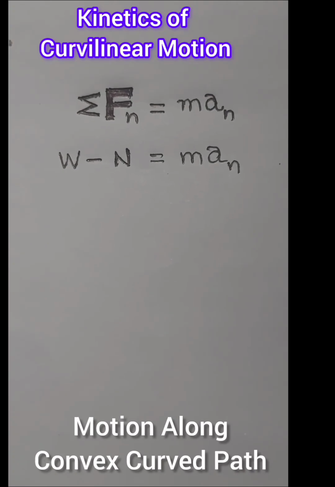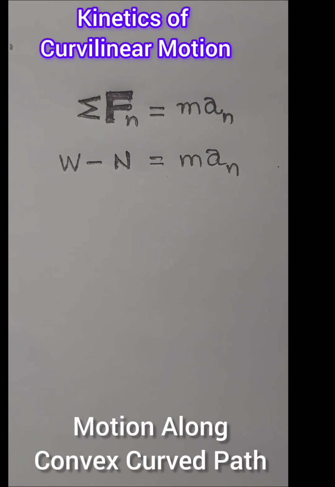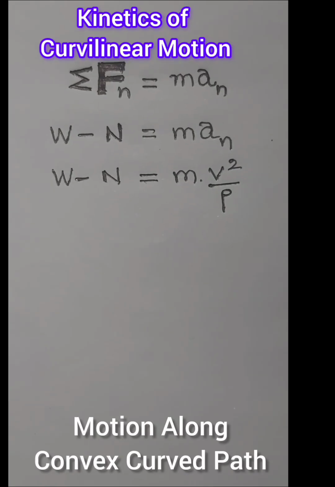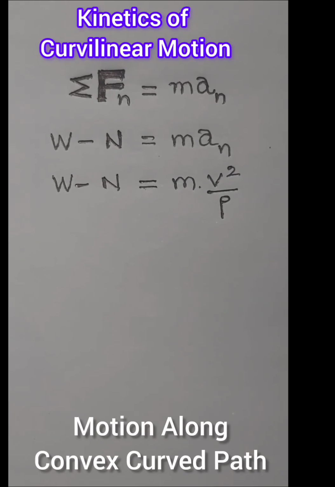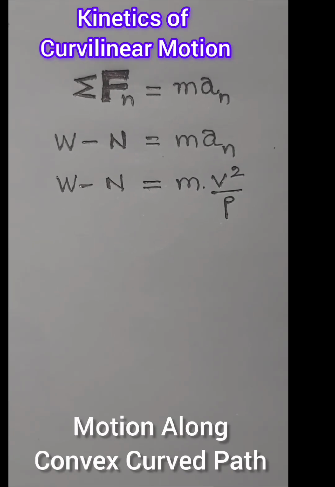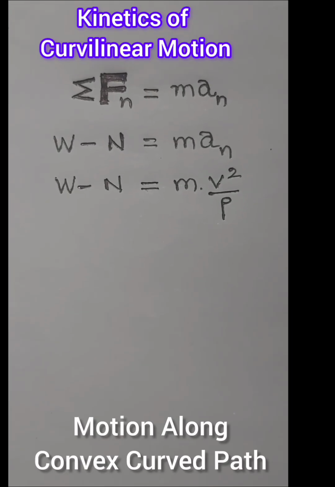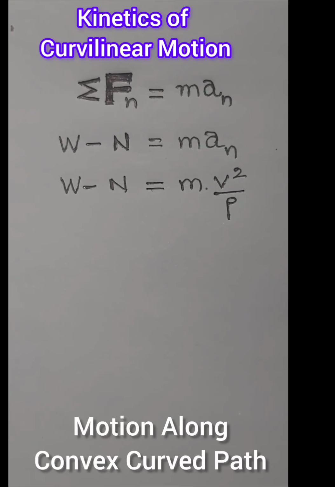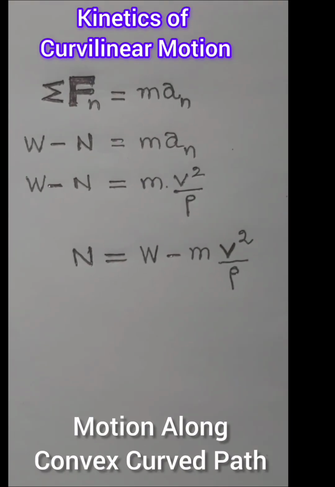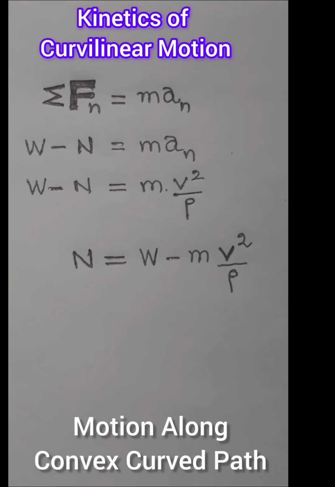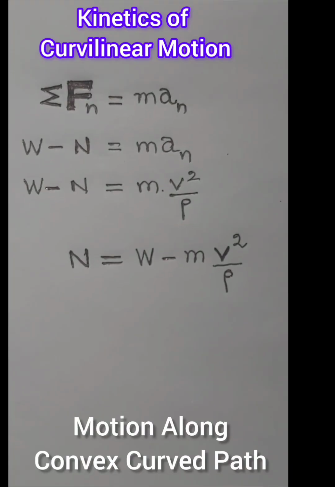On substituting the an value, we can get W minus N equals m v square by rho. From this equation, we can find the normal reaction force N. Normal reaction force N equals W minus m into v square by rho.